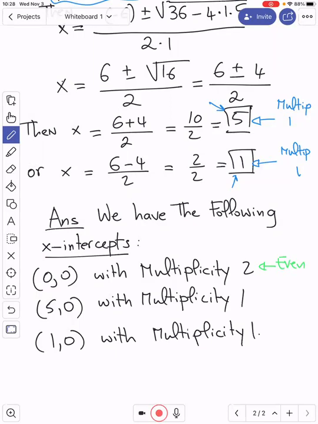For example, you can have x to the 4th equal to 0, so then x equal to 0 would be of multiplicity 4, and 4 is even. So you're going to have the same thing. You just touch the x-axis and turn around, you don't cross it, because the multiplicity is even.